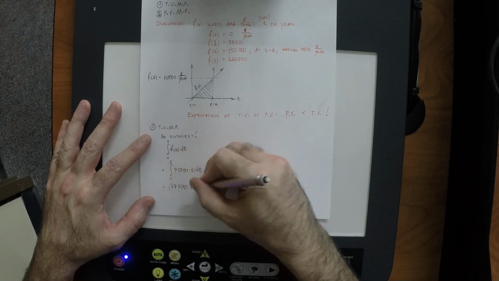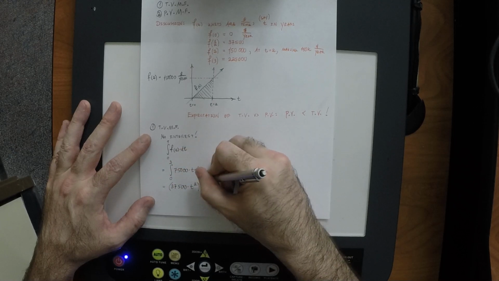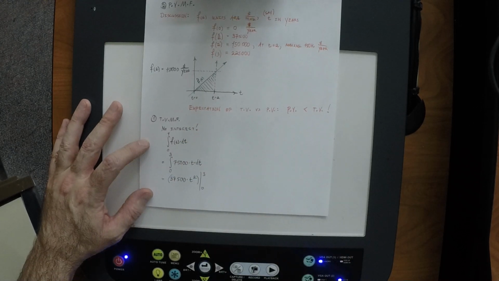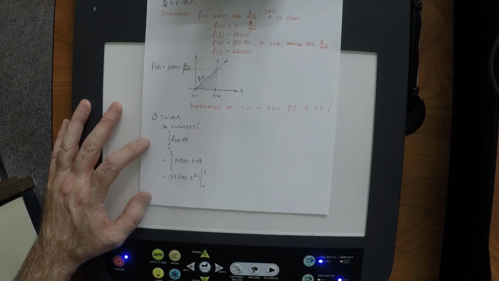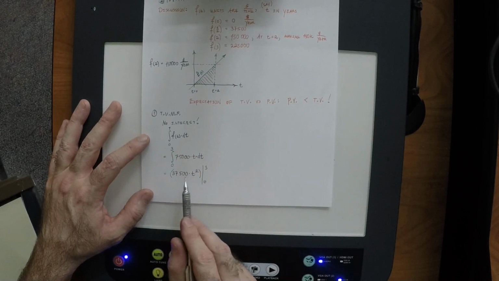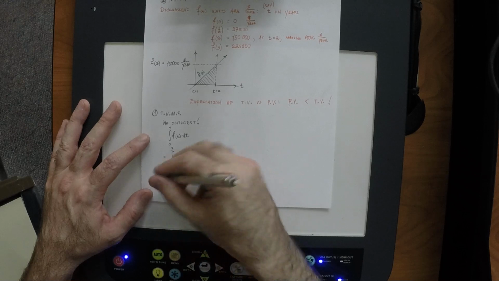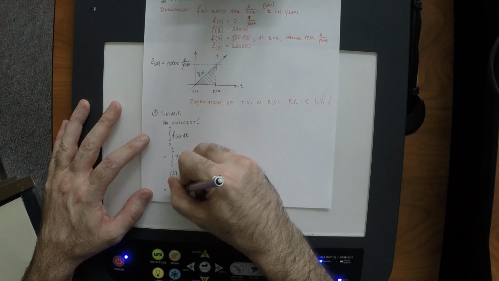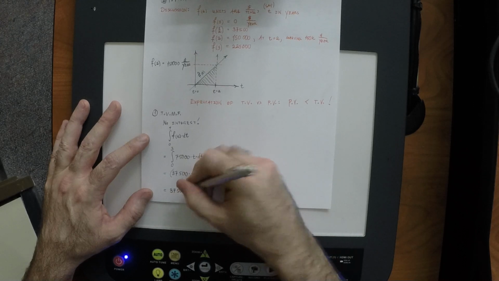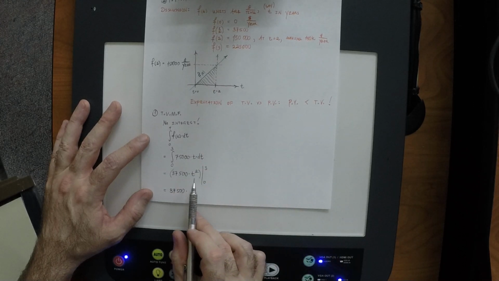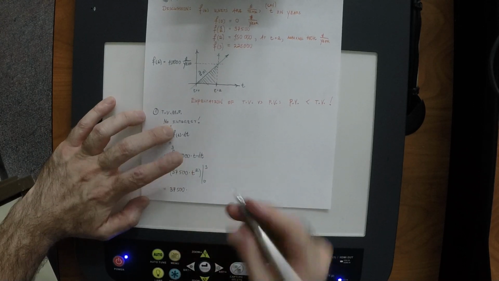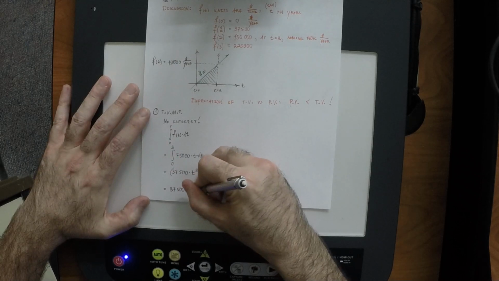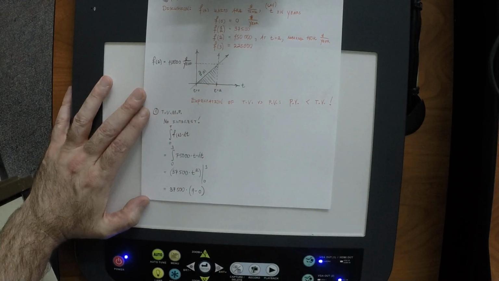Now we have to do the boundary evaluation from 0 to 3. When you have an expression like this with a constant, that constant can remain factored out, 37,500, and then we evaluate just the non-constant part at each place. So that'd be 9 minus 0.